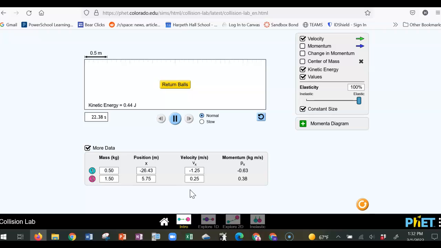Okay, so I'm going to return the balls. When I look at it at the beginning, this velocity is the initial velocity, and then after I start the collision, this velocity is the post-collision velocity. If you notice, the velocity changed.